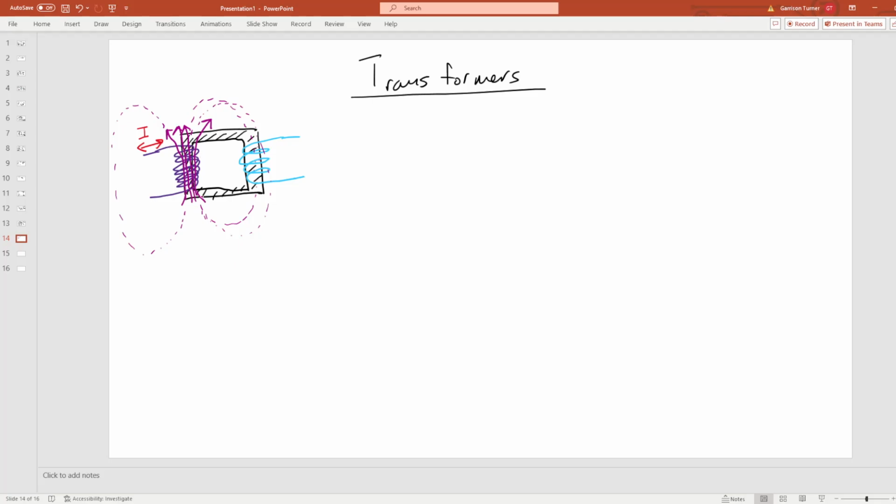And so the reason that you typically use iron as what we call the core, okay, is iron is highly magnetizable.